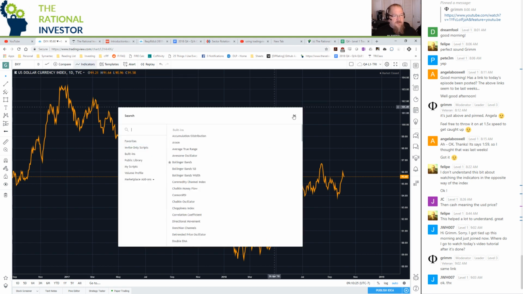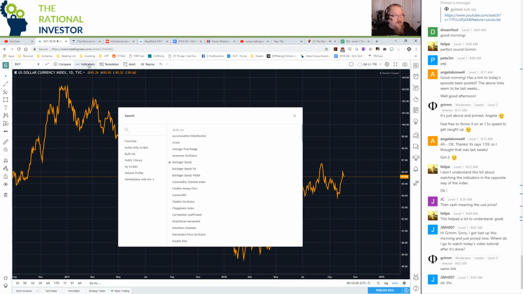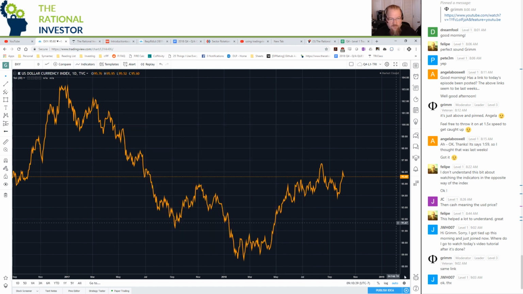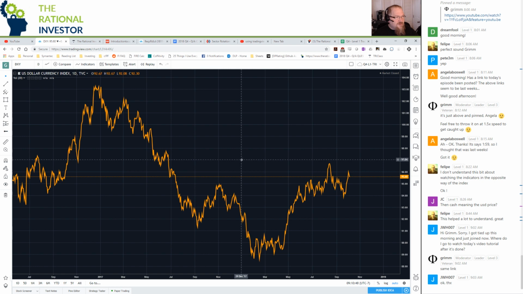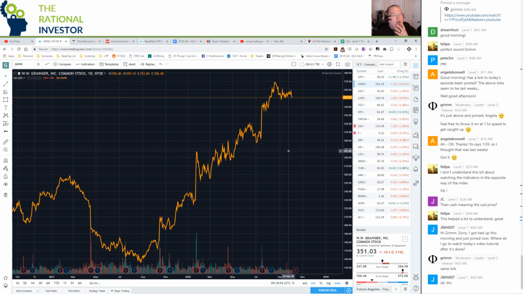If you don't see the volume bars across the bottom, you can go to indicators, type in volume, and just click on that, and that's going to add the volume bars to the bottom. Now some charts aren't going to show you volume. Maybe it's because the market's closed, but let me see here. There we go. All right.